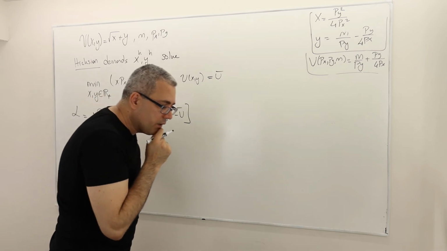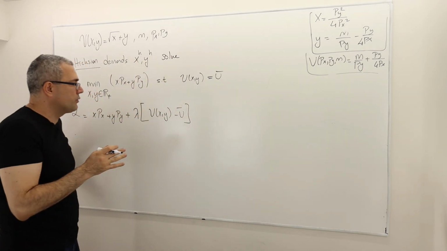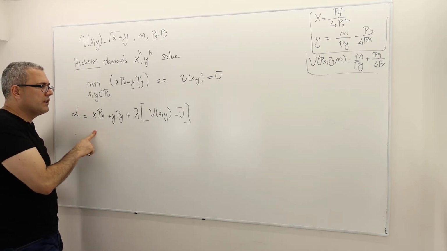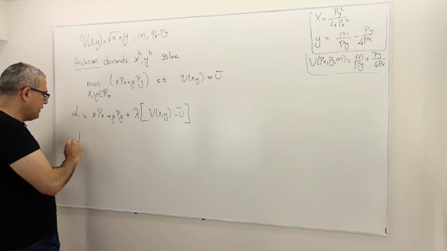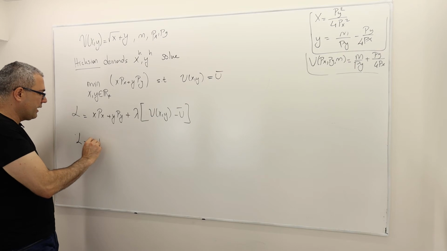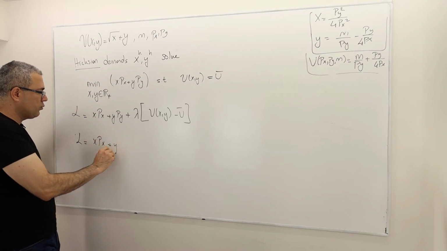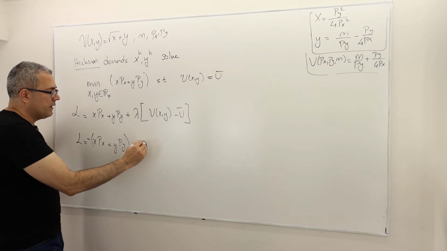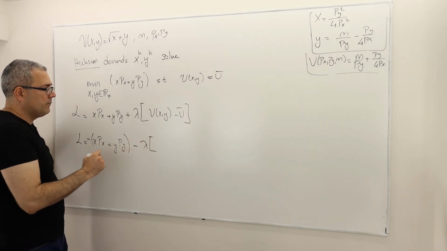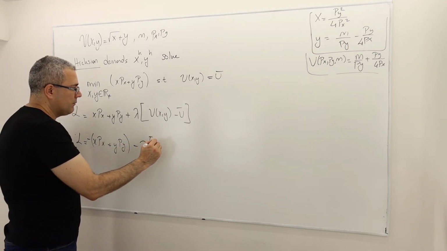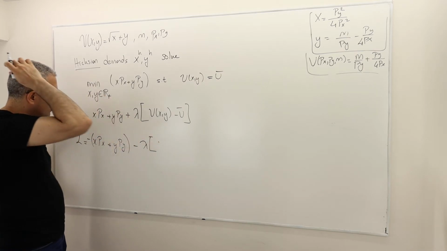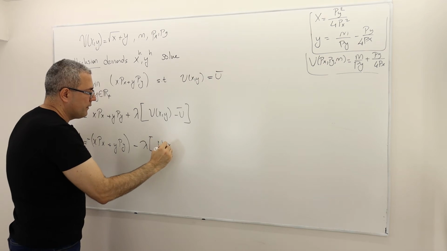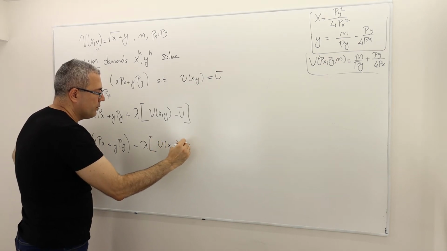All right. Well, you'll see in some textbooks, they do not write the Lagrangian exactly this way, but they do write the Lagrangian this way: x p_x plus y p_y minus lambda, u of x,y minus u bar.